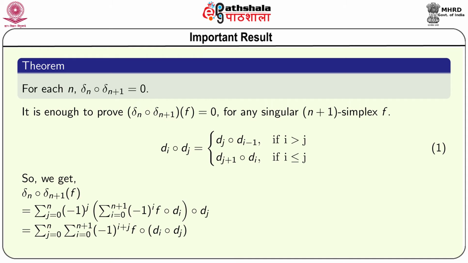Now, with simple calculation, we can rewrite this statement as the summation j equal to 0 to n, i equal to 0 to n+1 of (−1)^(i+j) f∘di∘dj.